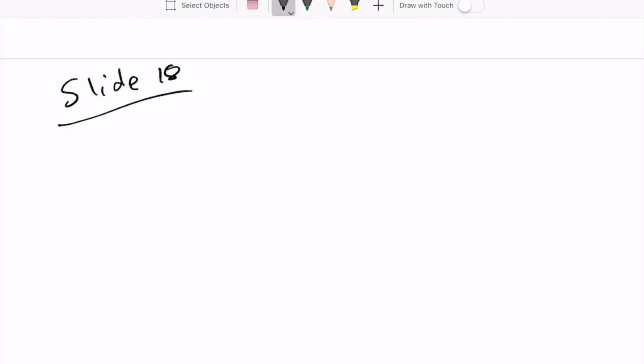So let's see. Here is the blade of the fan, maybe. I'm just drawing one blade of the fan. And here is the bug. Okay, so the bug is rotating. It's going in a circle like this.